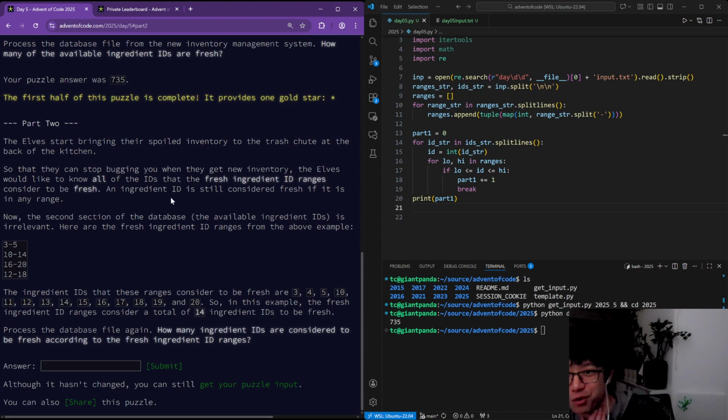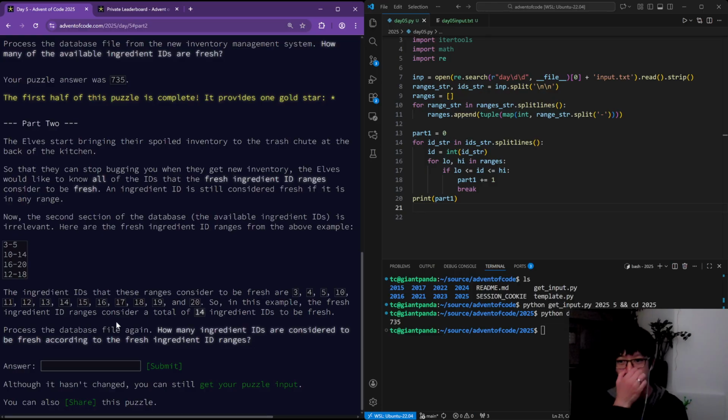Where we needed to have merged the ranges. So that they can stop bugging you, the elves would like to know all the IDs that the fresh ingredient ID range is considered to be fresh. Consider a total of 14 to be fresh. This seems easy.